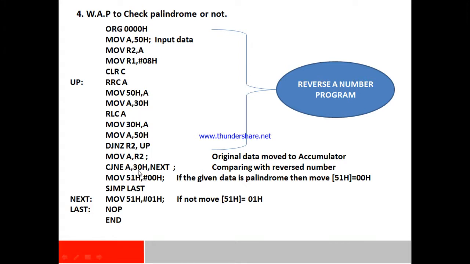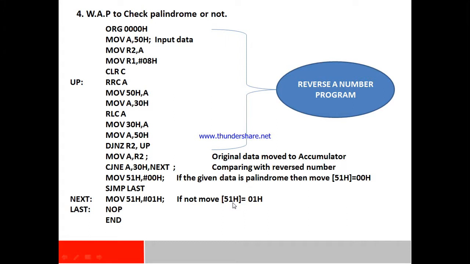If the data matches after reversing, then if the given data is a palindrome, we move the immediate value 0 to the 51H content. That signifies that it's a palindrome. If not, it moves here.